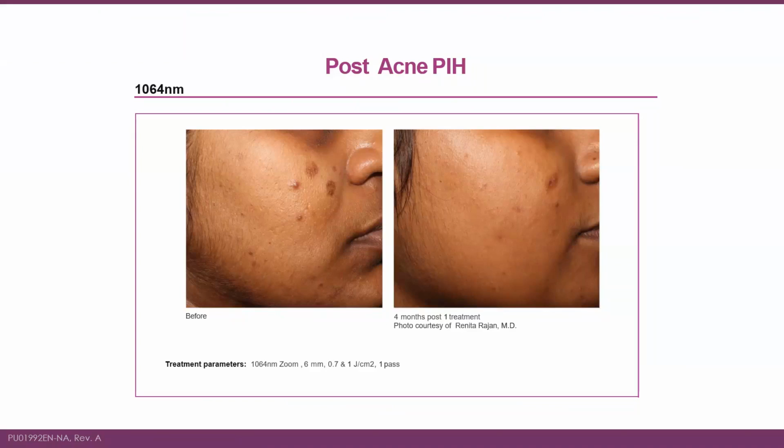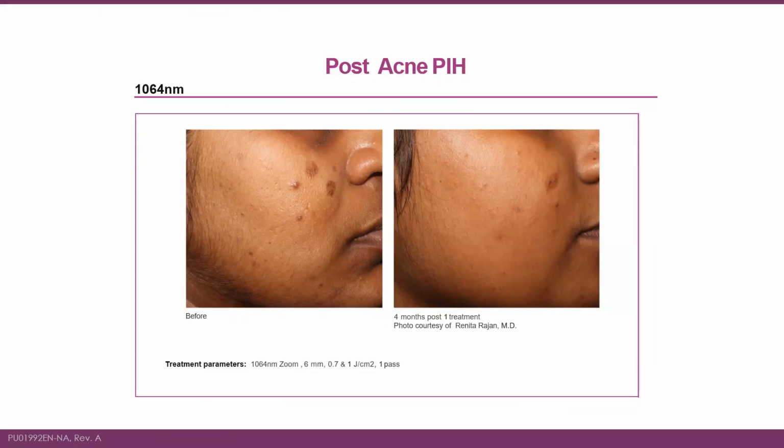And 2 things to note here: post-inflammatory hyperpigmentation can be an incredibly difficult thing to treat with a laser or an IPL machine. And generally the reason is when we're using long pulses, as in millisecond pulses, we're producing heat.